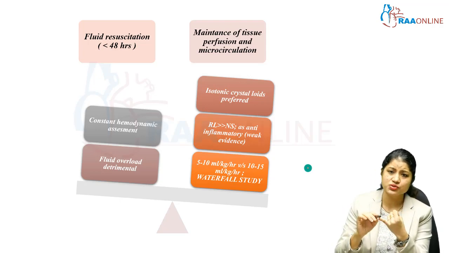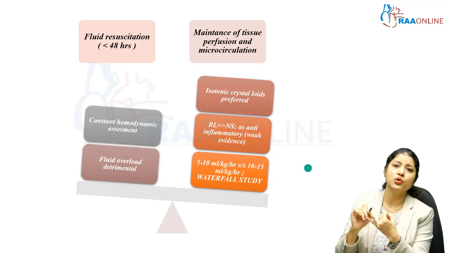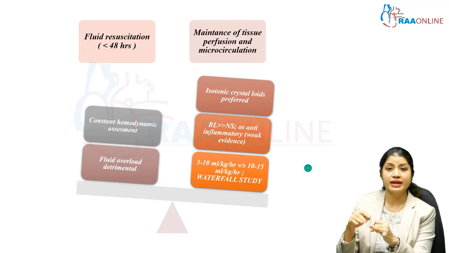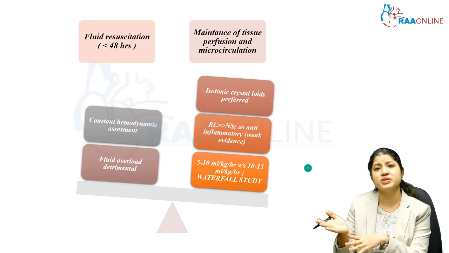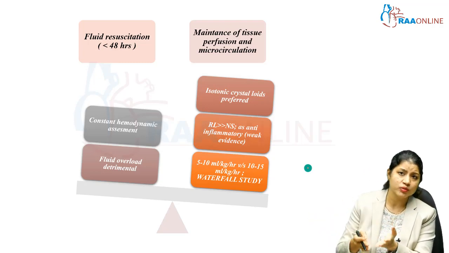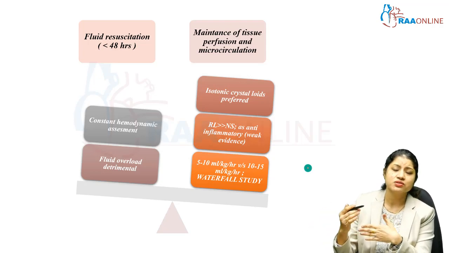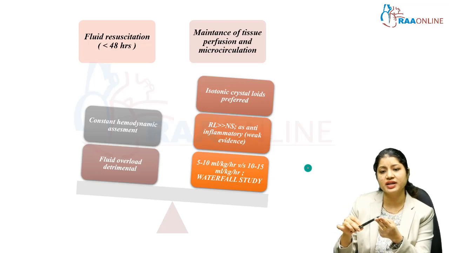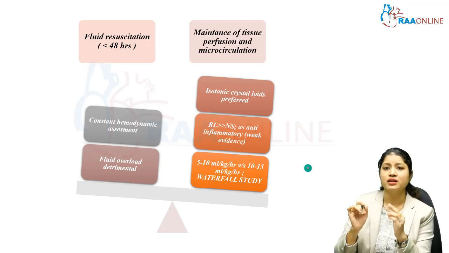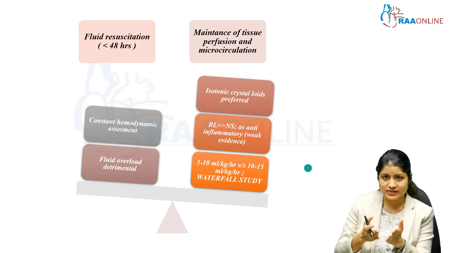So 100% isotonic crystalloids. At what dose are you going to give the fluid? Again, we have a lot of studies here with high volume resuscitation, low volume resuscitation, or a bolus followed by low volume resuscitation. A very important recently published study called the WATERFALL study showed that low volume resuscitation is always safer.